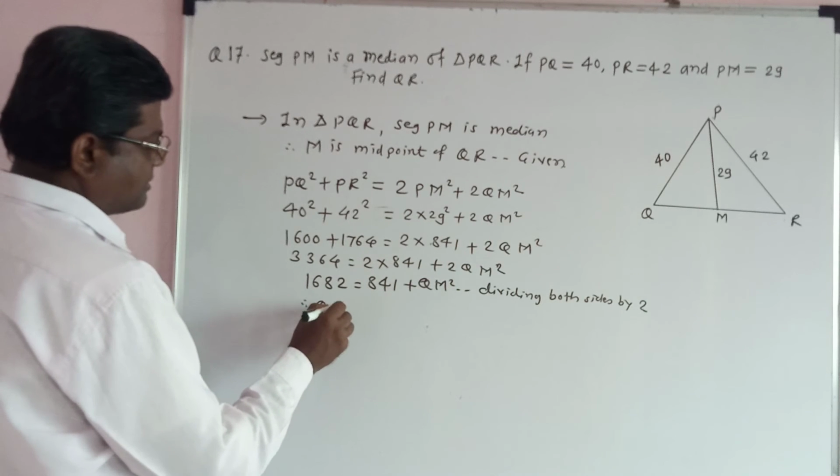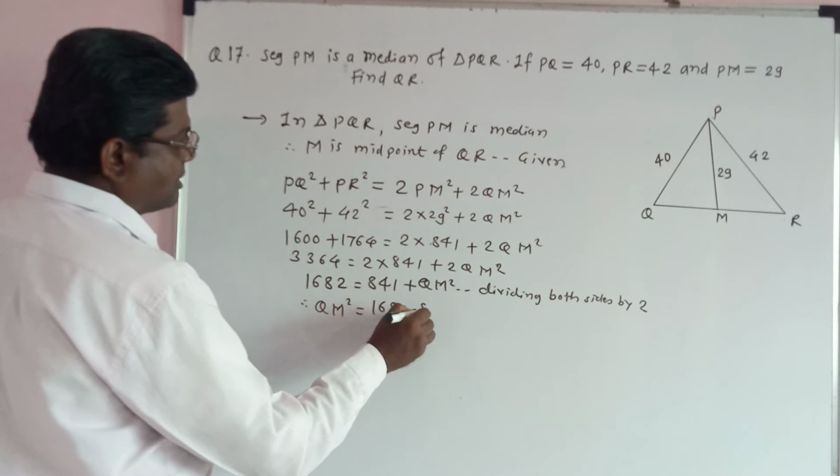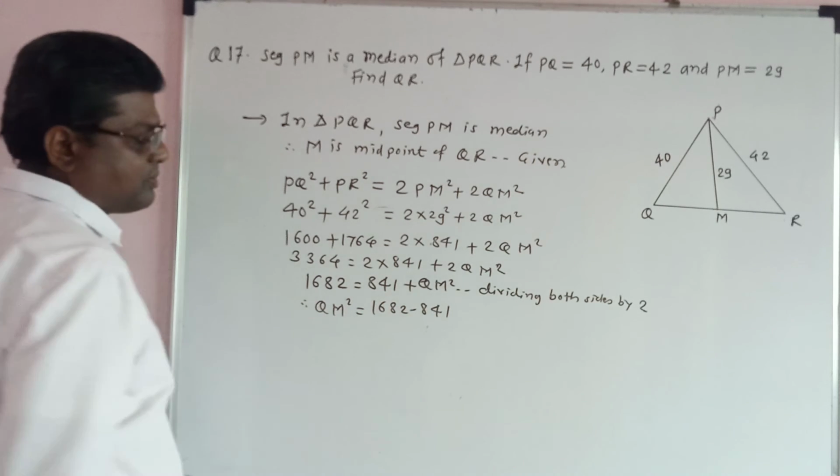Therefore QM square is equal to 1682 minus 841.